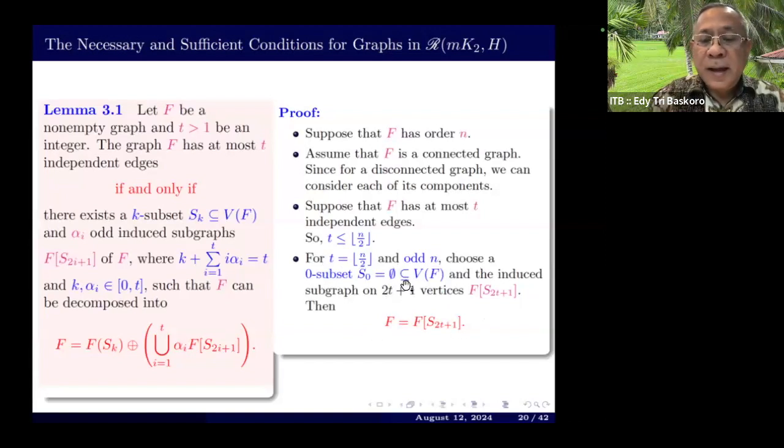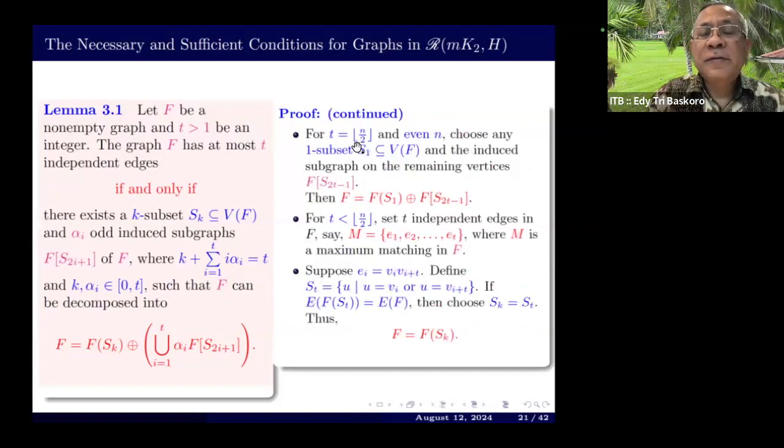In that case, we can have the decomposition like this of F. Now, if T equals half N and N is even, then choose any singleton vertex set as S_1, and we have the following decomposition of F. The third case, if T is less than the floor of half N, then take T independent edges in F, say M, which is a set A1, A2 up to AT, and of course, M is a maximum matching in F. Then define S_T as the set like this.